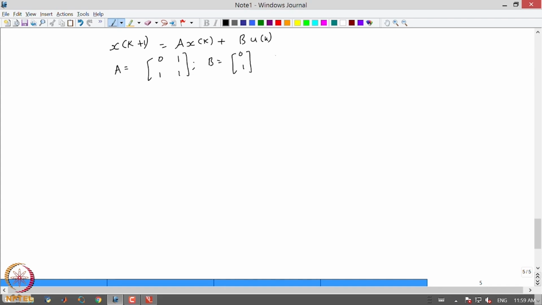Then the controllability matrix, which is B, AB, is [0 1; 1 1], and the rank is 2 here, you can check that easily, and therefore the system is reachable.